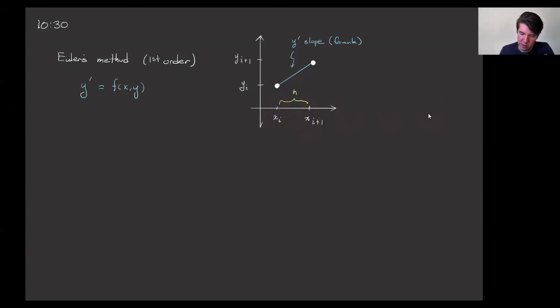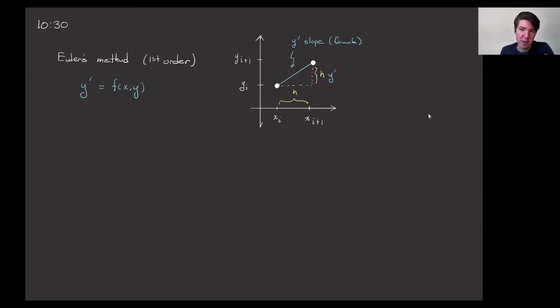So over here, this change was actually h times the slope, y prime. That gave us the change. To compute the new x values, we just add h. To compute the new y values, just like with x, we use the old one and we add something. What we add is not just h, but h times the slope.